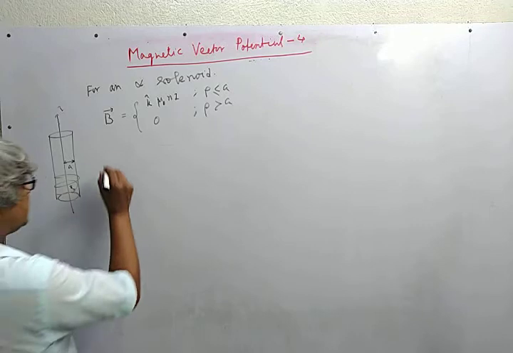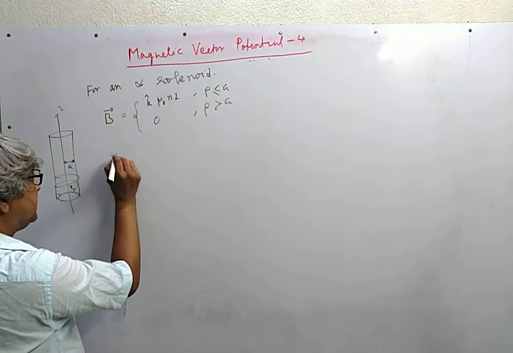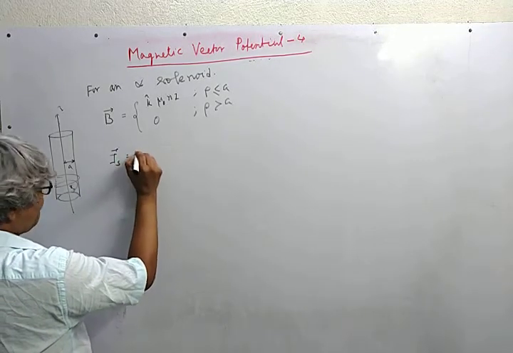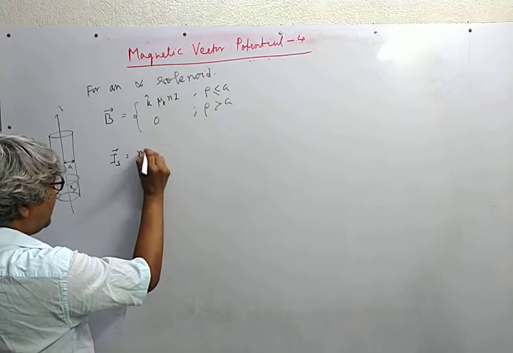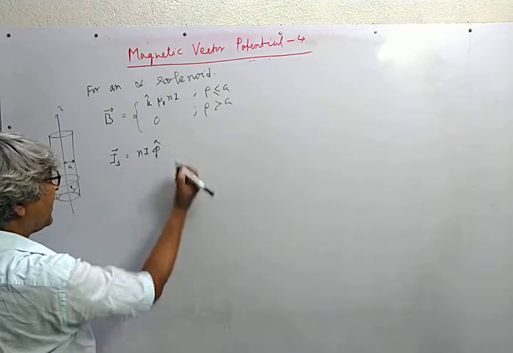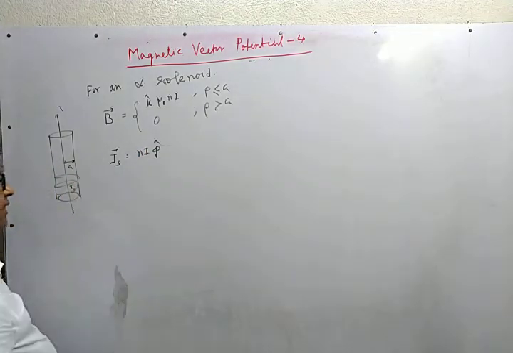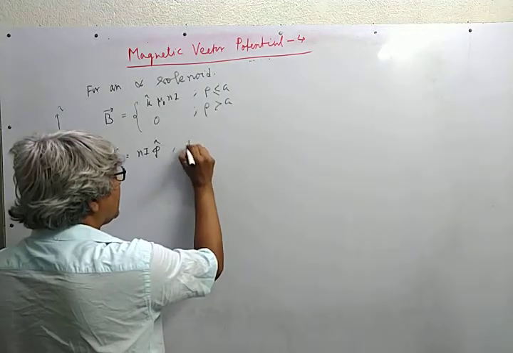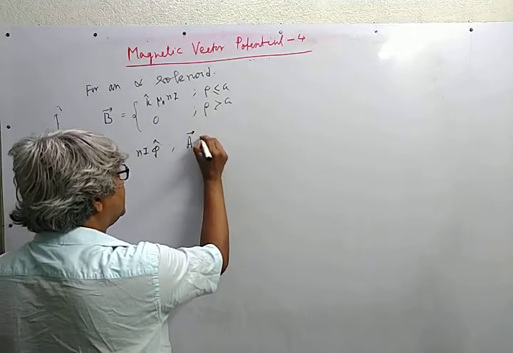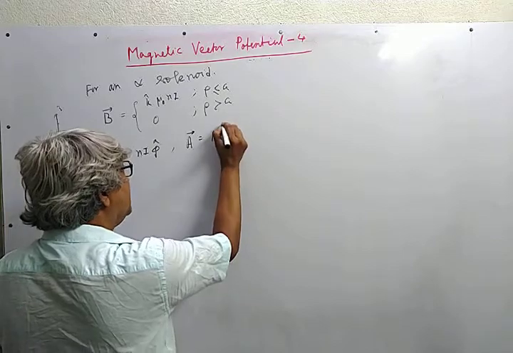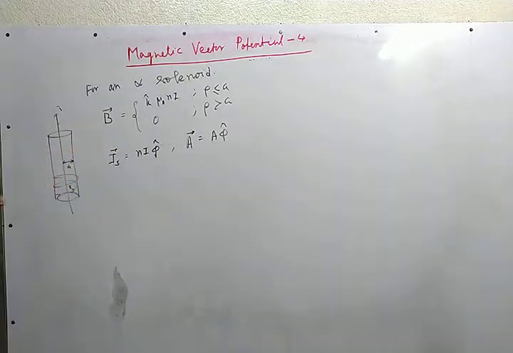Since the surface current density nI is along phi cap, the current is along phi, and we know that the corresponding vector potential will be something times phi cap.